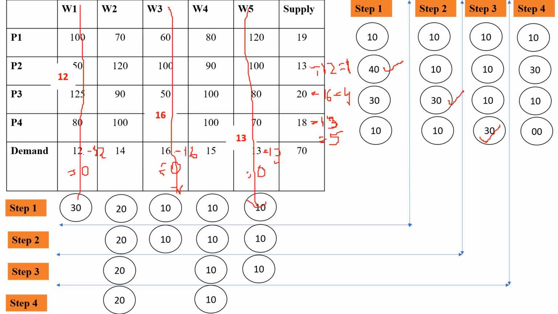But how much quantity do you have to allocate to 90? In P2, the supply is 1 already there, but the demand is 15. You can allocate a maximum of 1 unit to the particular 90. Okay, I allocate it.